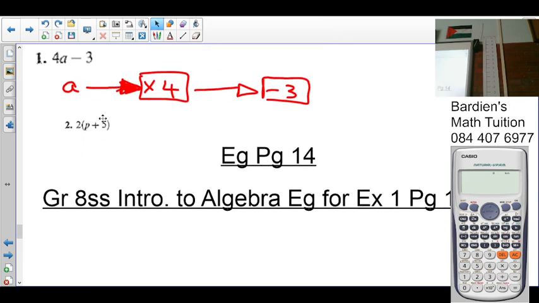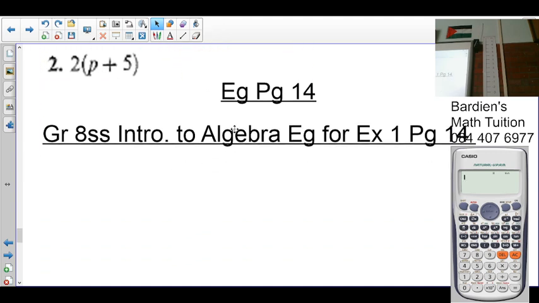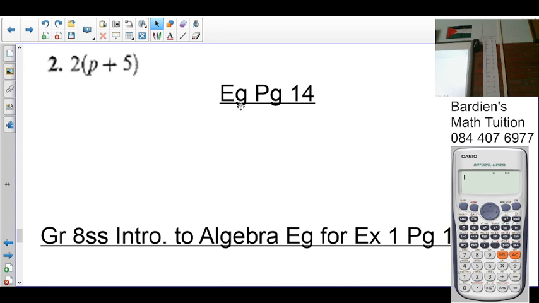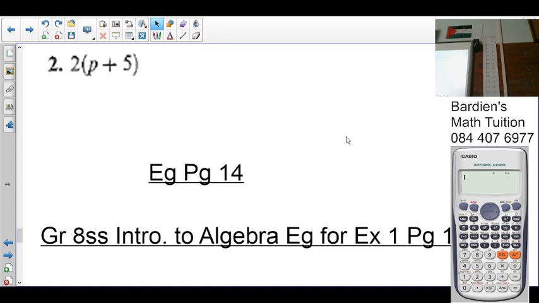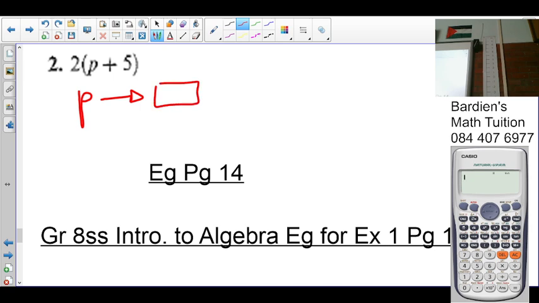Let's look at this one. Where do we start? We start with the variable. So what happens to P first? Plus 5.